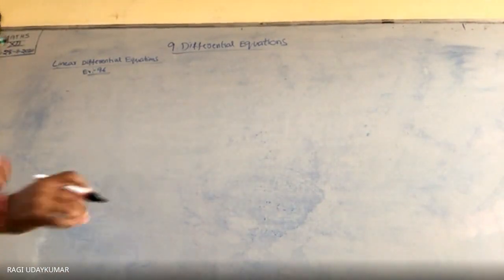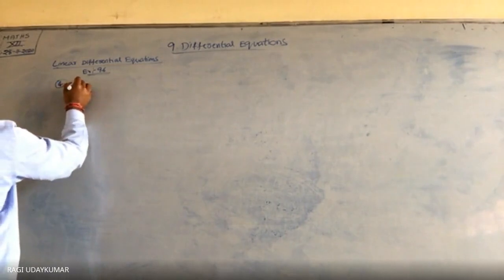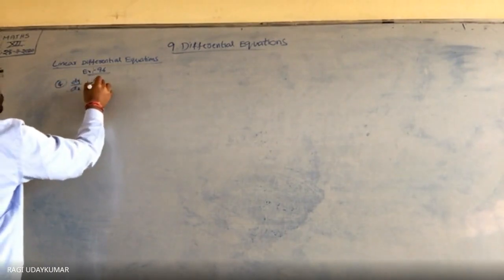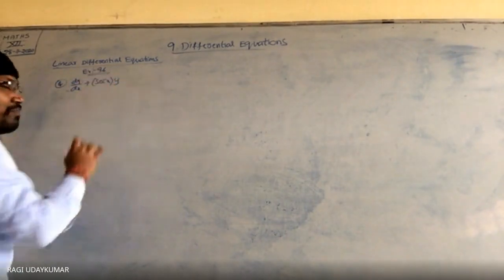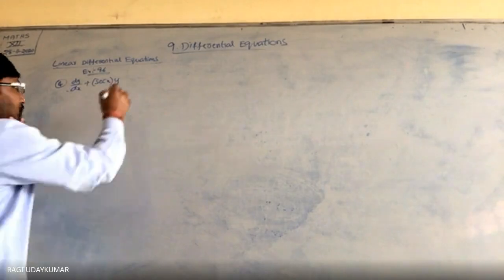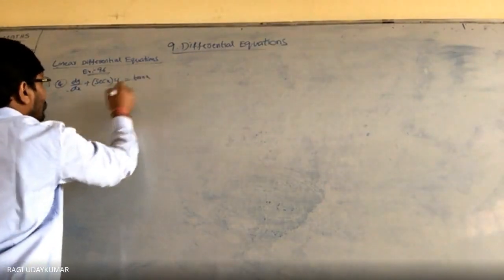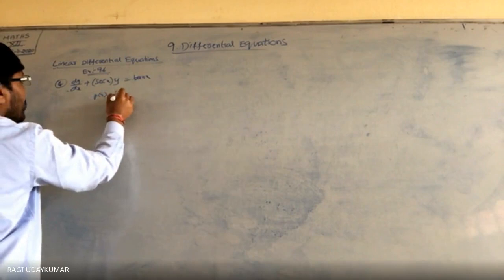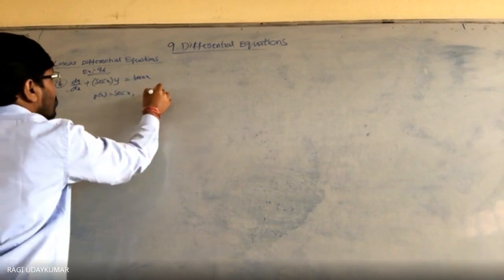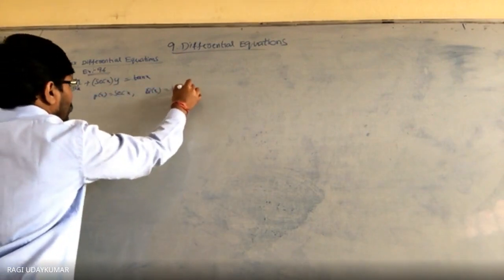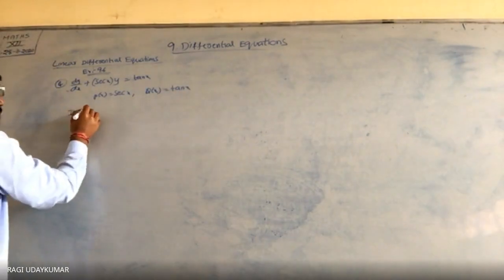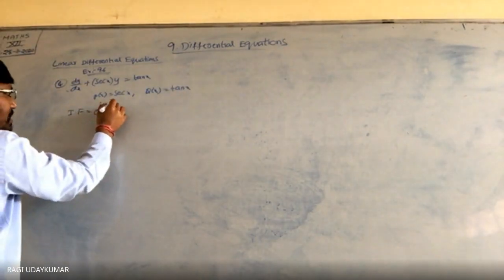So fourth one, what is given here? dy by dx plus secant x into y. Bracket is not given in your textbook. Is equal to tan x is given. So what is p of x? Secant x. And what is q of x? Tan x.